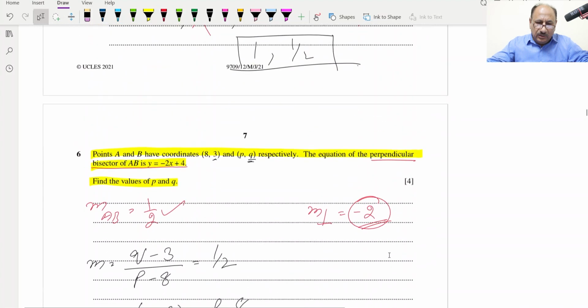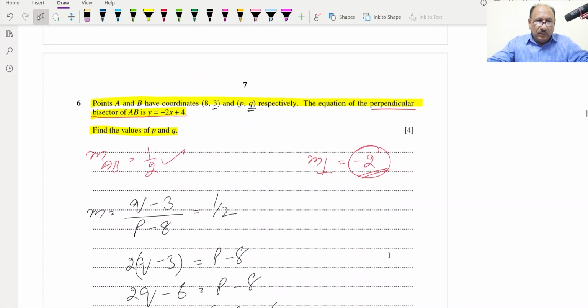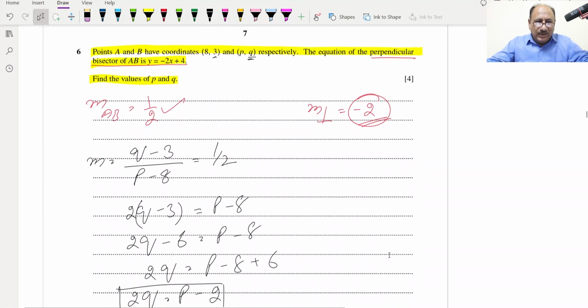Now this is the equation which we will be utilizing, and we can write q plus 3 by 2. Basically the y value is what? If we take this equation, y is equal to -2x + 4.